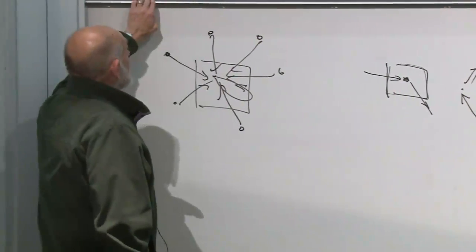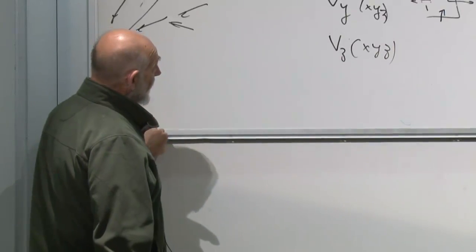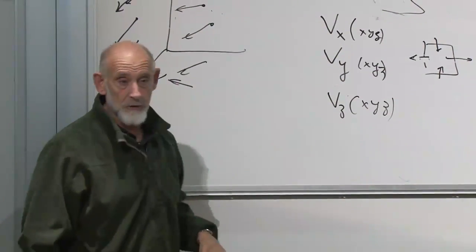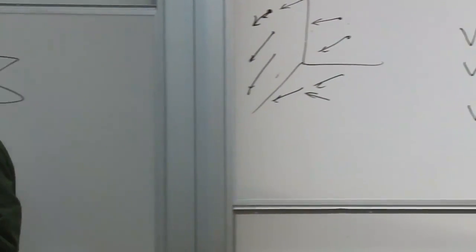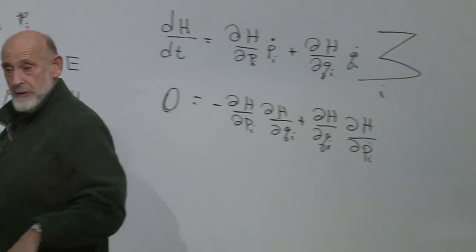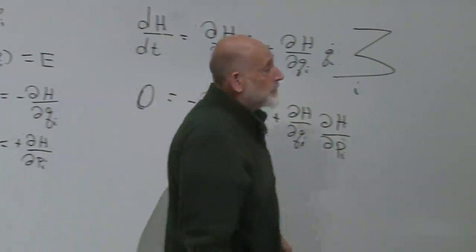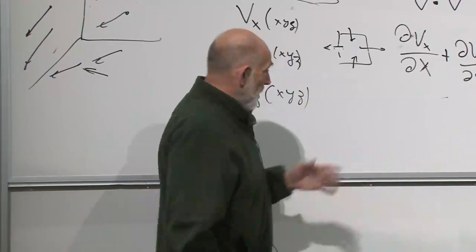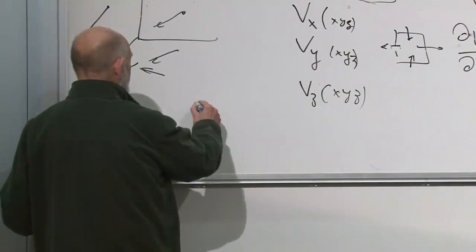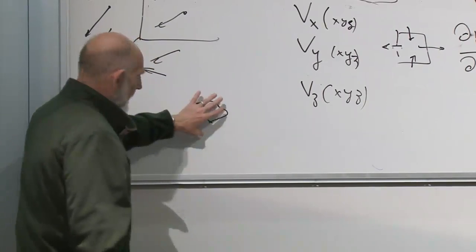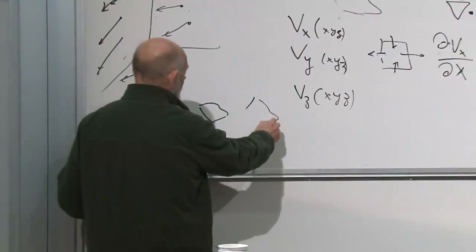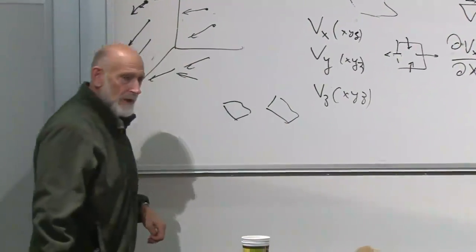Okay? So the question then is, is the flow of the fluid in phase space dictated by Hamilton's equations such that it's incompressible? Or another way of saying it is, if you start with a little volume of phase space and follow it in time, does it occupy the same volume afterwards?